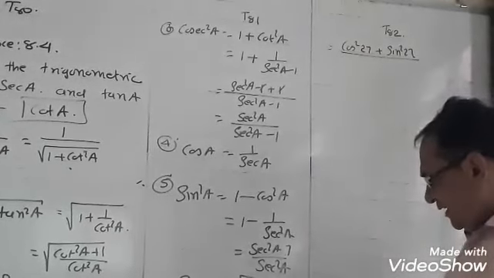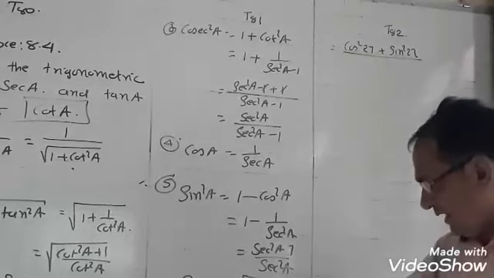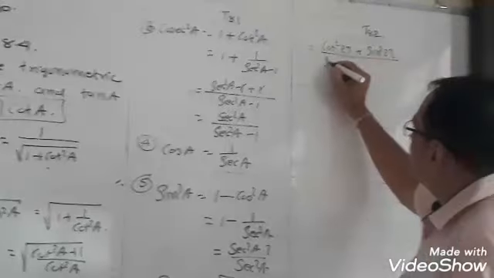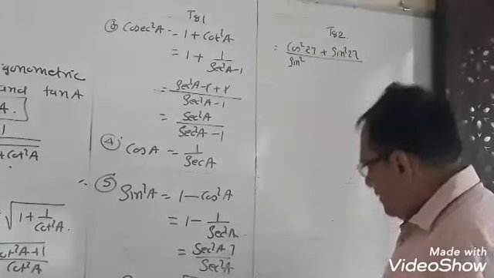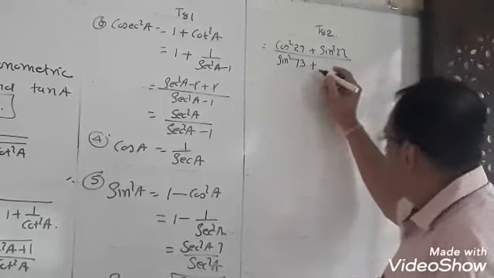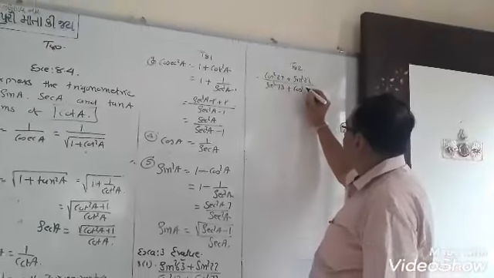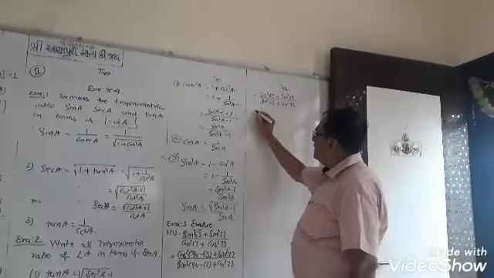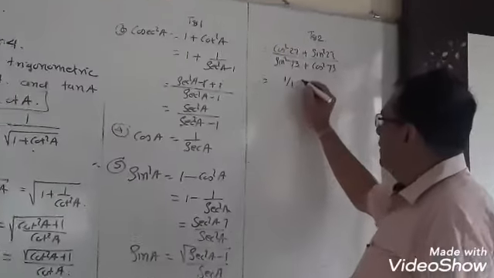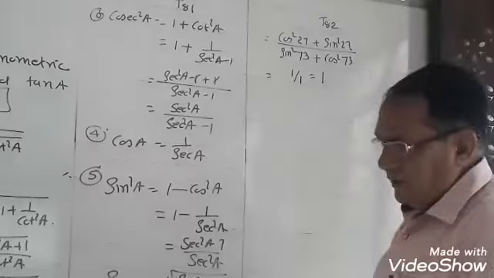Now sin square 73 plus cos square 73. Sin square theta plus cos square theta is equal to 1. So 1 upon 1 is equal to 1.